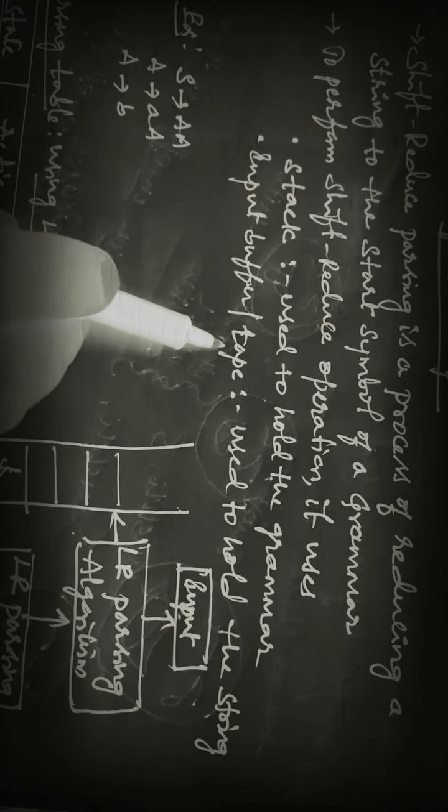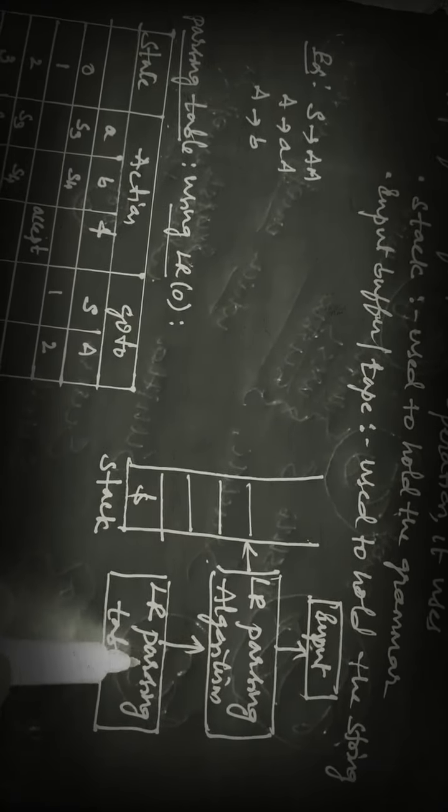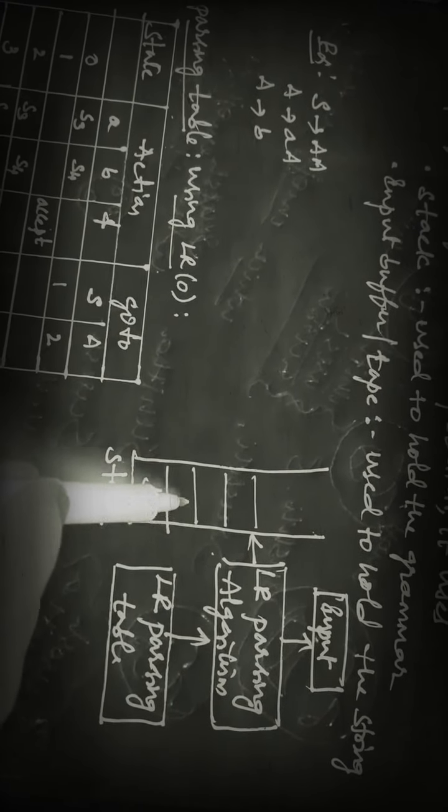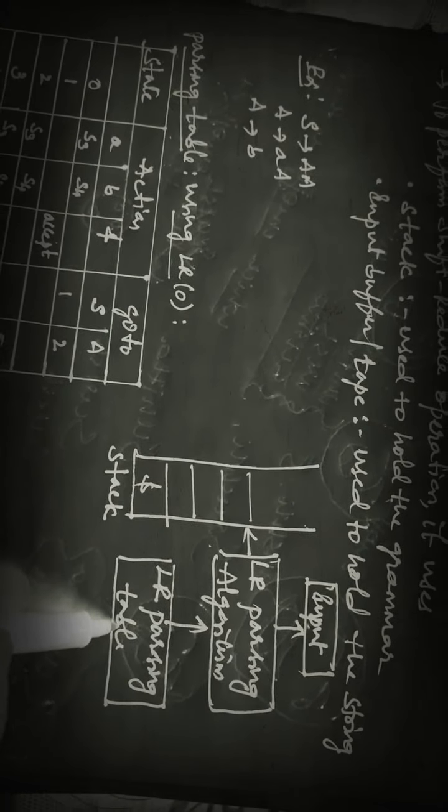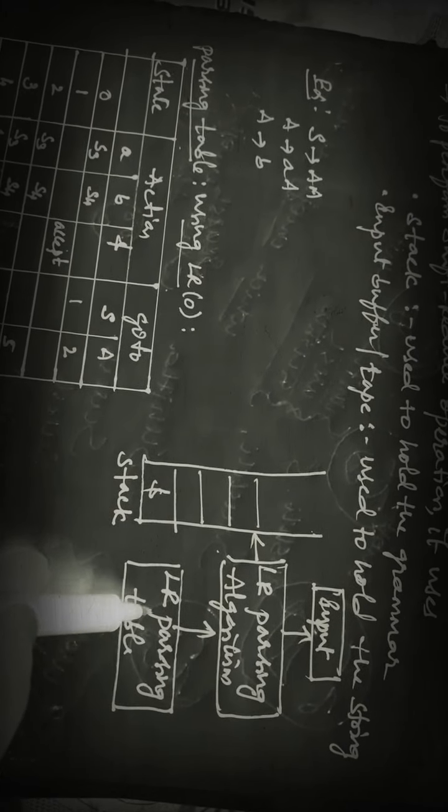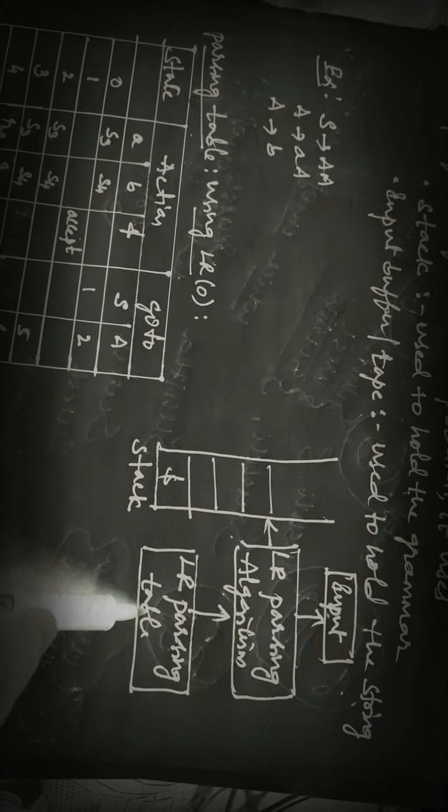Why do we have to use a stack? The stack is used to hold the grammar, and the input buffer or input tape is used to hold the string. In the previous video I showed this diagram, the LR parsing algorithm. It requires input, stack and the parsing table. In the previous video we constructed the LR0 and SLR1 parsing tables.